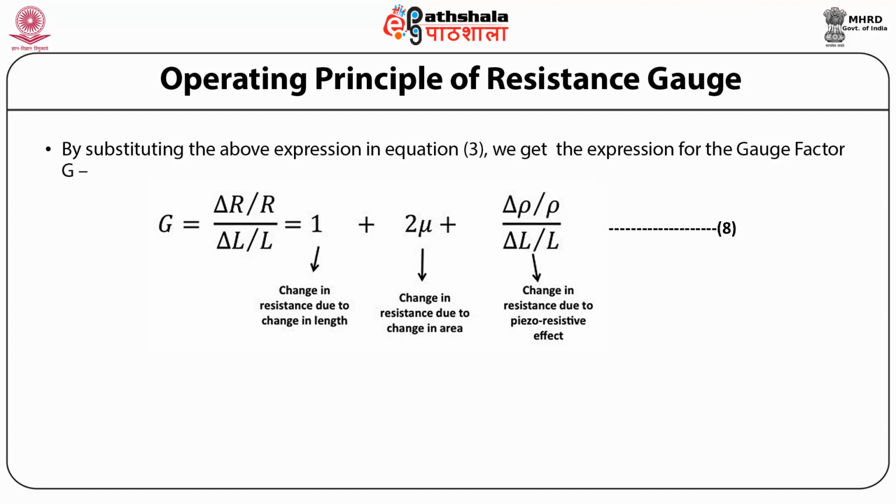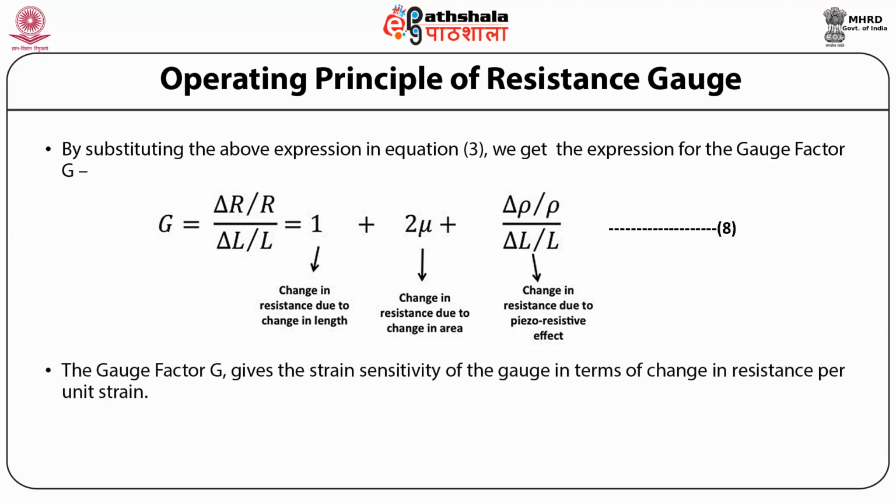This is equal to the first term 1, that is the change in resistance due to change in length, plus 2μ, that is the change in resistance due to change in area, plus (Δρ/ρ)/(ΔL/L). This is the change in resistance due to the piezoresistive effect. This is given by equation 8.